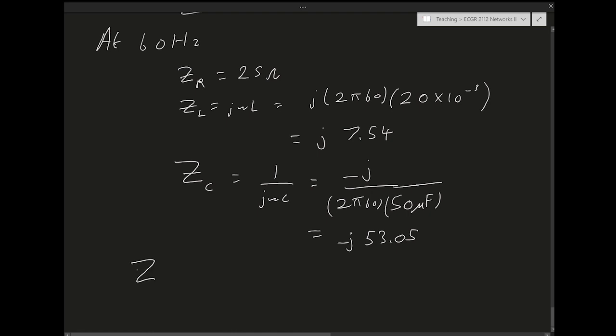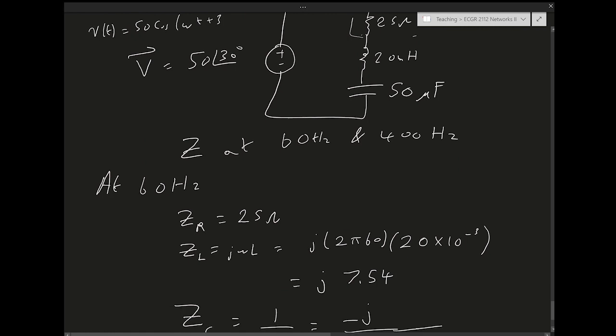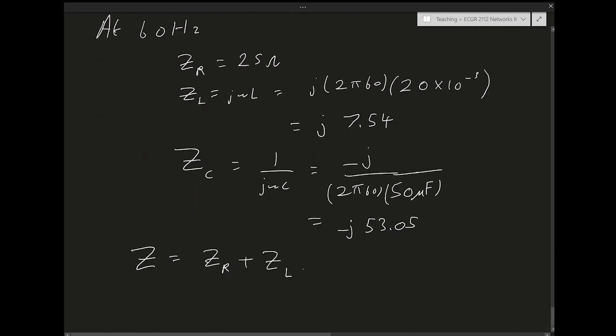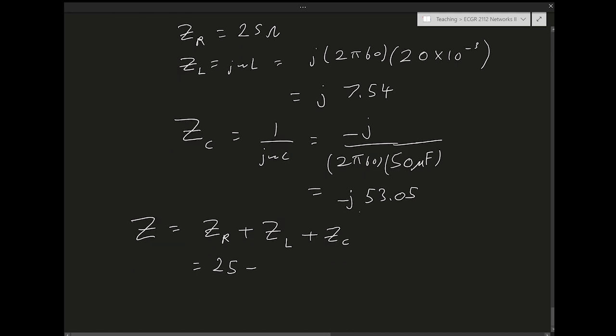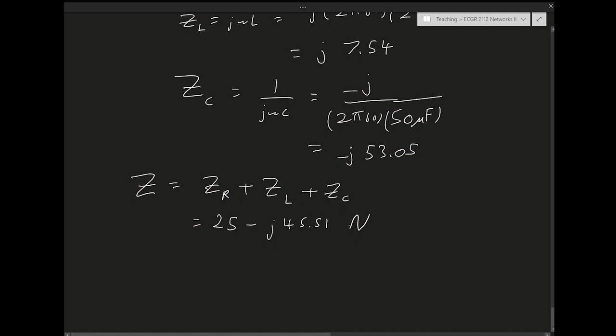The total impedance, since they're all in series, is ZR plus ZL plus ZC, which is 25 minus j 53.05 plus j 7.54, which is 25 minus j 45.51 ohms.